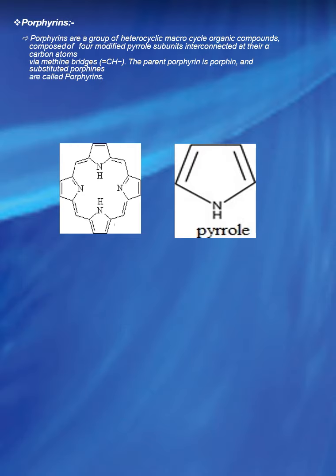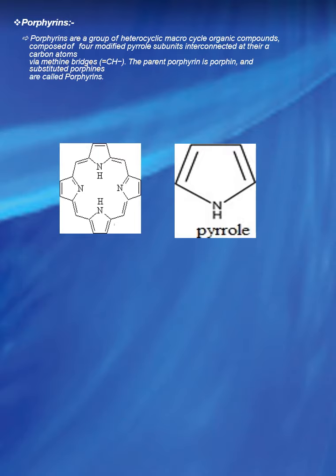The parent porphyrin is porphin. In this we shall discuss what is meant by heterocyclic, what is meant by alpha carbon, and what is meant by porphin.